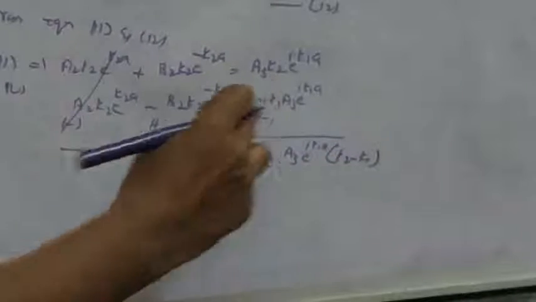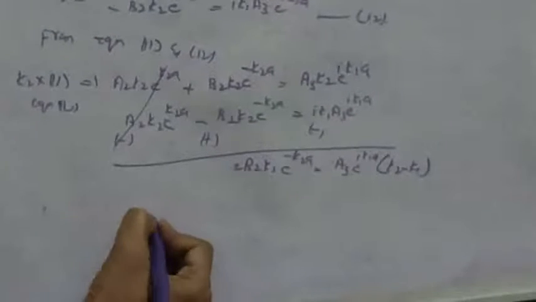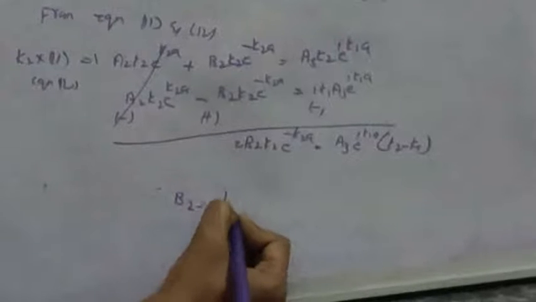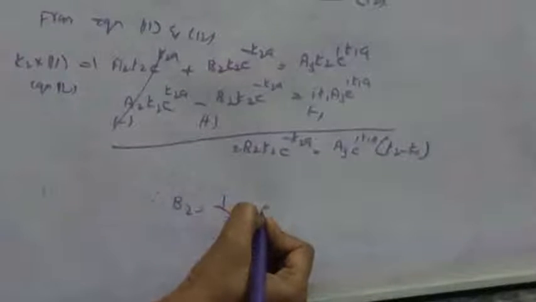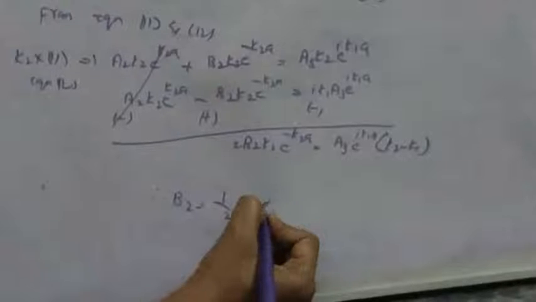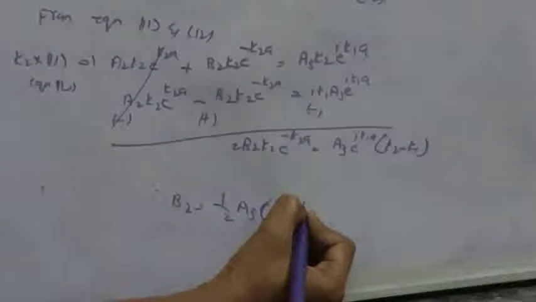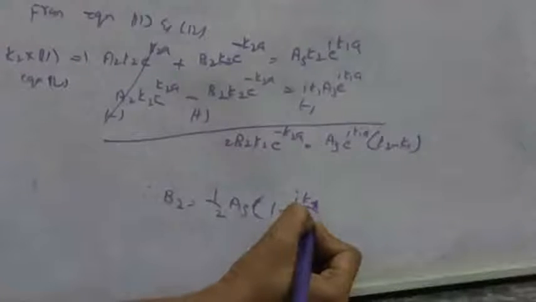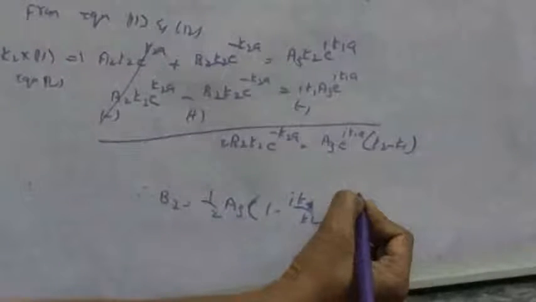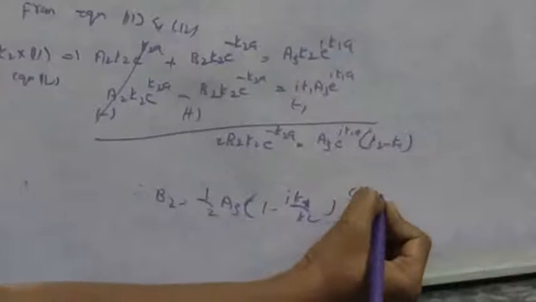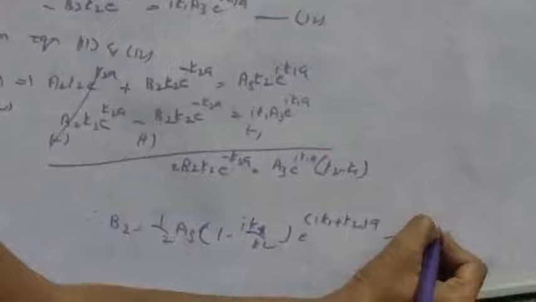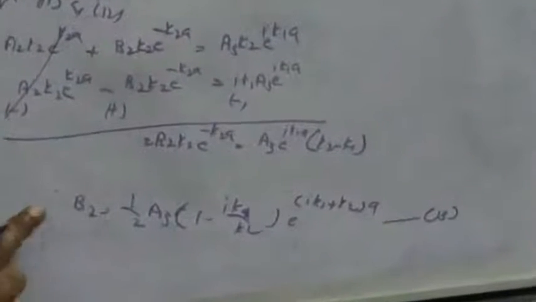Now from this equation, can you find the value of b2? Yes, we can find. So b2 is equal to 1 by 2 a3 of 1 minus i k1 by k2 into e power i k1 plus k2 into a. Consider this as equation number 13.